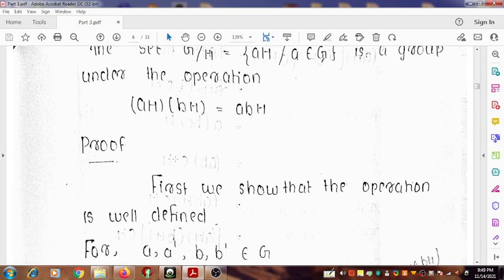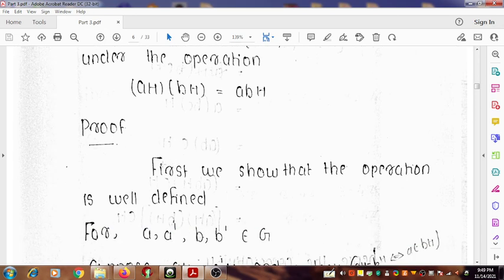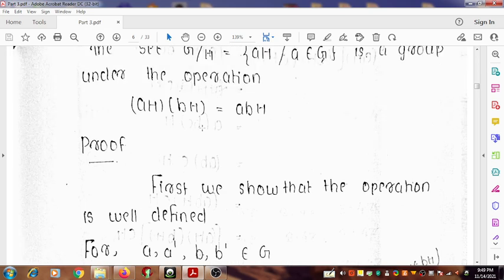Next we discuss the steps of the proof. In order to show that a non-empty set is a group, the first thing we require is a binary operation defined on that set, which must be well defined. Then we have to show that there exists an identity element.